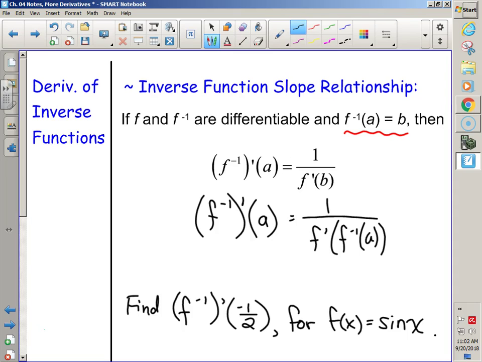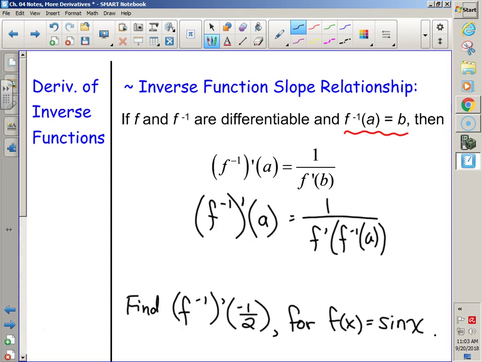Kind of. The A is not at all what's being plugged into F prime, but is the A involved? Yeah. The A is the x value of the inverse that gets me the y value of the inverse, aka the x value of the original to plug in. Whew, and that's where we get lost.